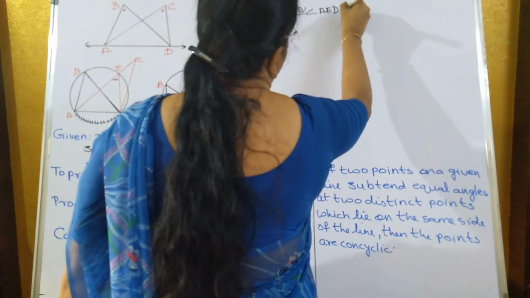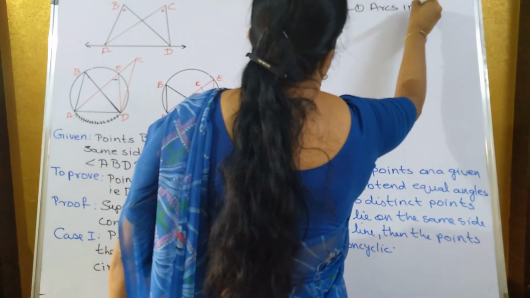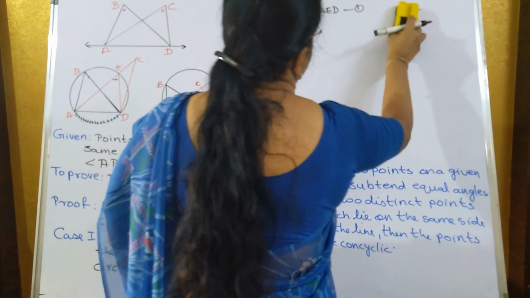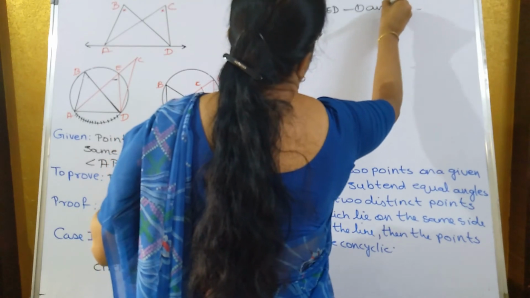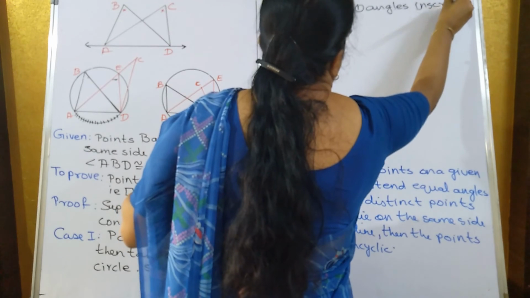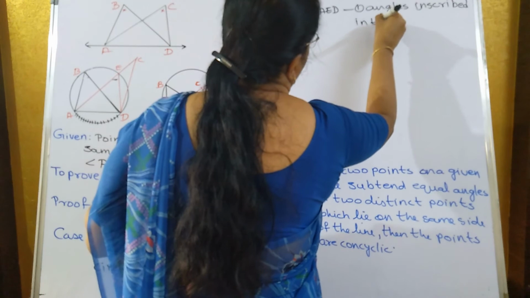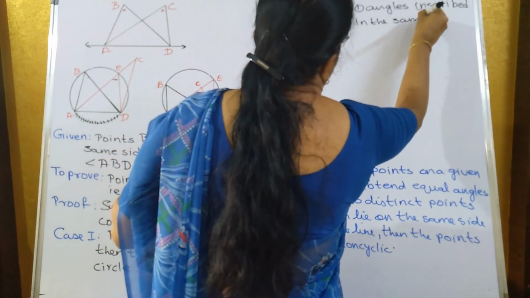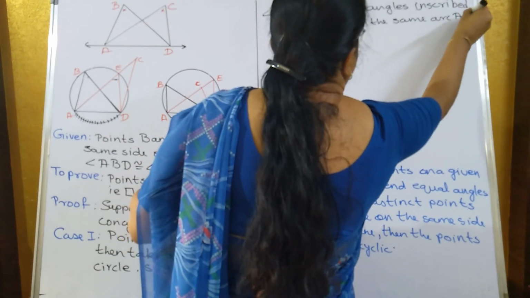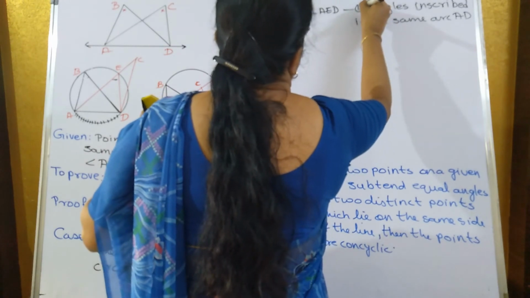Angles inscribed in the same arc AD. So they are inscribed in the same arc, therefore both the angles have to be equal.